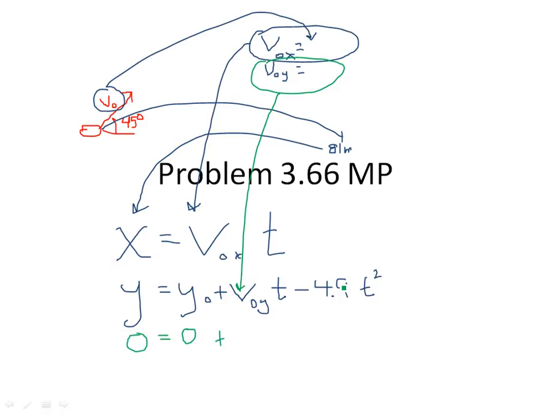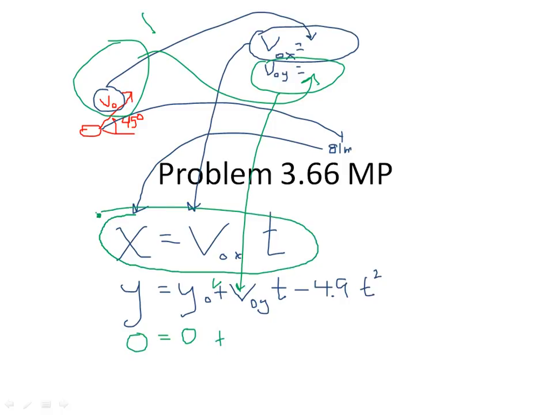That will still include the unknown V0 up here, because that's right here in your V0y. And so both of these expressions, x and the time you get from the y equation, will include V0 in them.